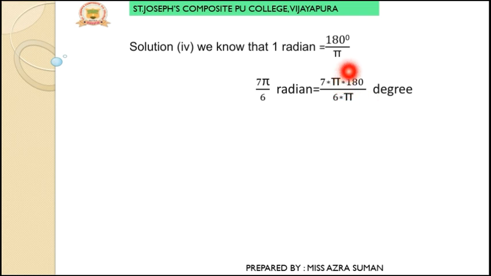Again, the numerator pi and denominator pi get cancelled. On simplifying this, you will get 210 degree. Hence, the required value for 7 pi by 6 radian is equal to 210 degree, which is the required answer.